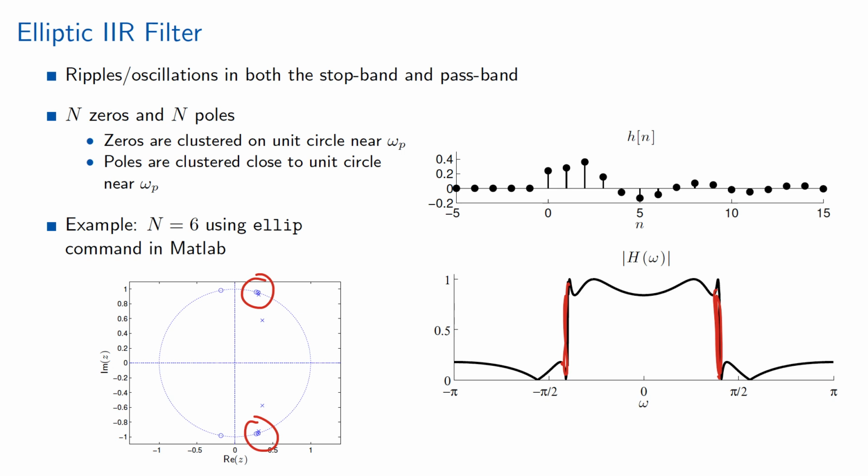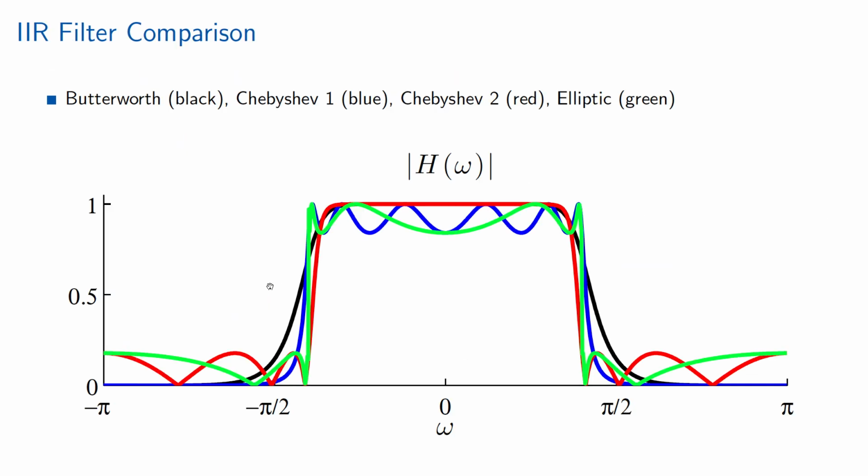If you think of implementing an elliptic filter using finite precision arithmetic, it's very easy to design one where a pole will slip outside the unit circle and become BIBO unstable. So elliptic filters, you should really think of them as a big hammer, and they should only be used when you have an extremely stringent specification that you have to meet.